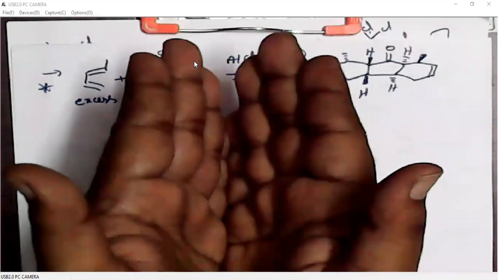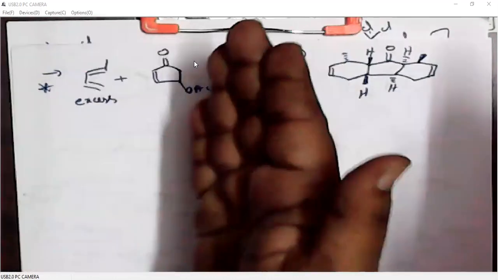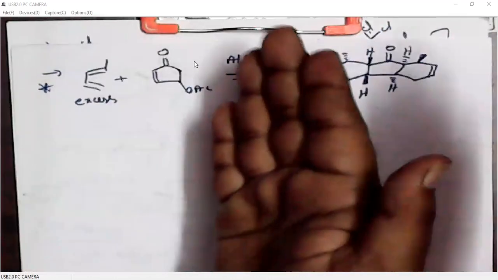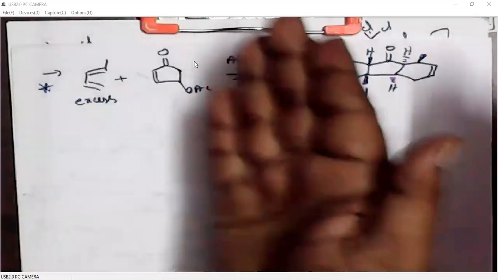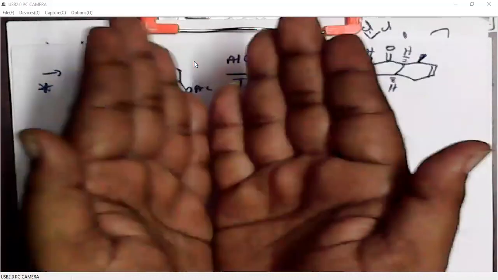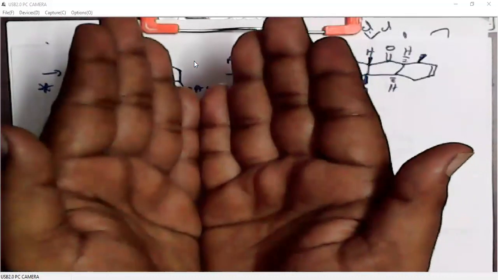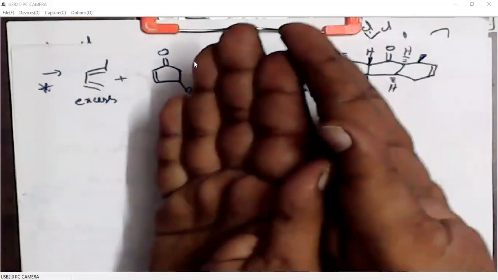So what it will do is approach from the other face. That means it will approach like this. So here the two rings are here, and the third ring is like this. The stereochemistry around this ring fusion is exactly reverse to the stereochemistry around this ring fusion.